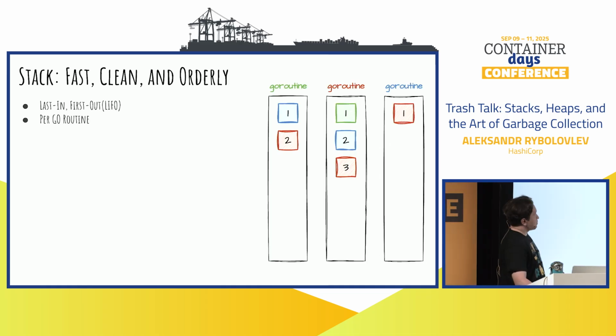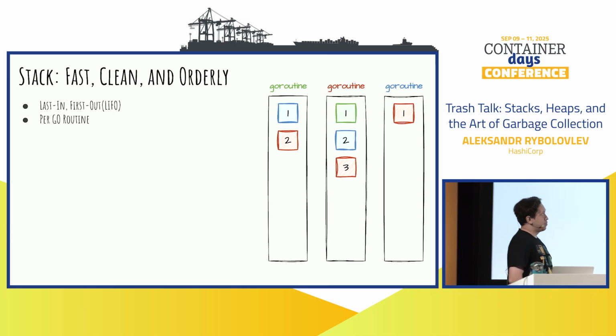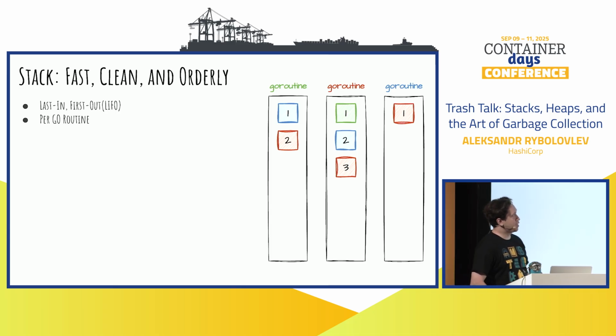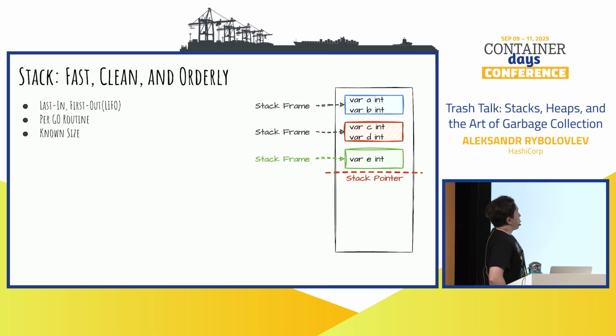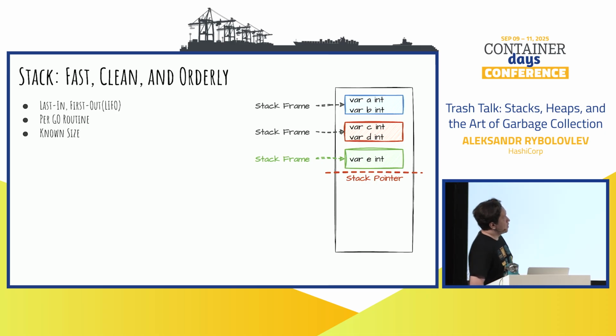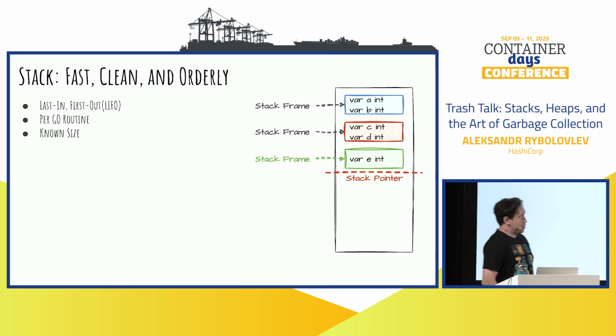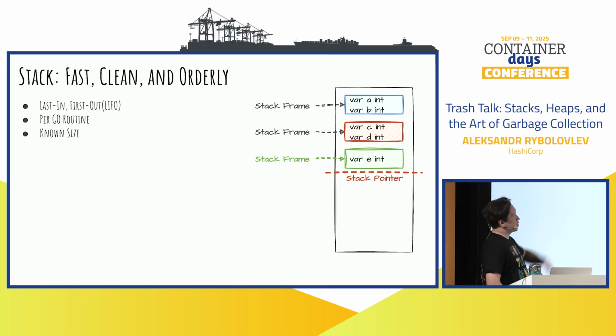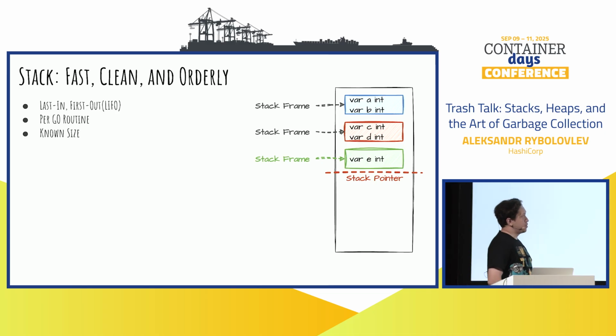In Go, the stack is per goroutine. So every single goroutine in Go will get its own stack. Within a stack, as I said before, with this example of a stack of plates, instead of plates, we operate with stack frames. A stack frame is the amount of memory that a function needs to execute, and every single stack frame that you can see here is attached to a specific function.